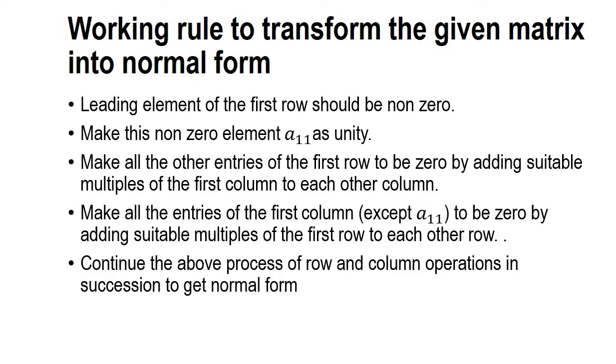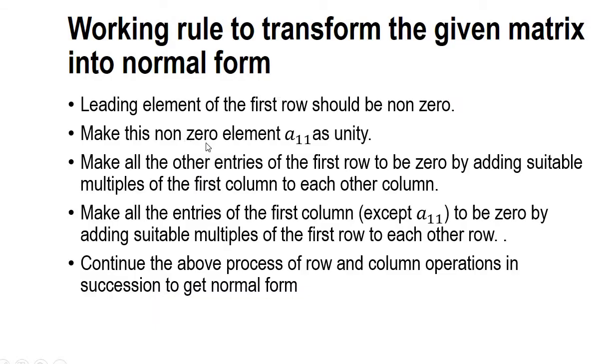Continue the above process of row and column operations in succession to get the normal form, means continuously until we get the diagonal matrix. So we continue with this. So this is the procedure.